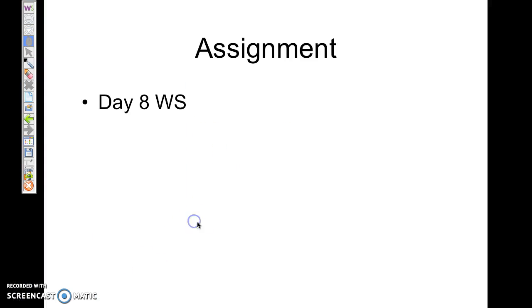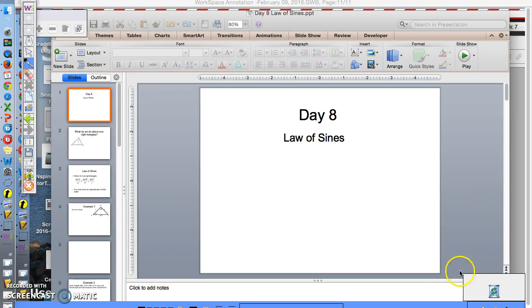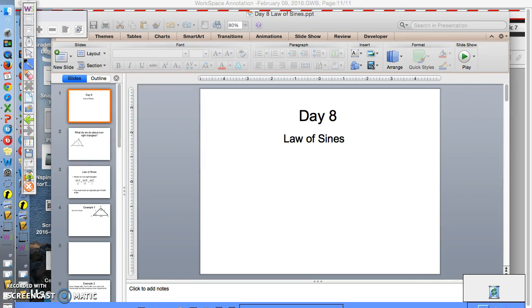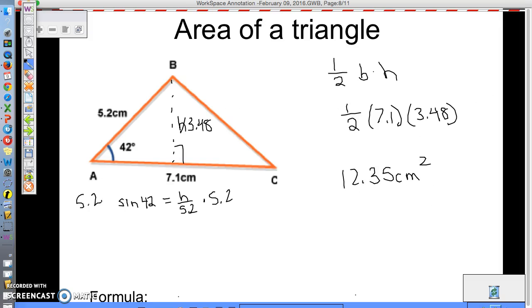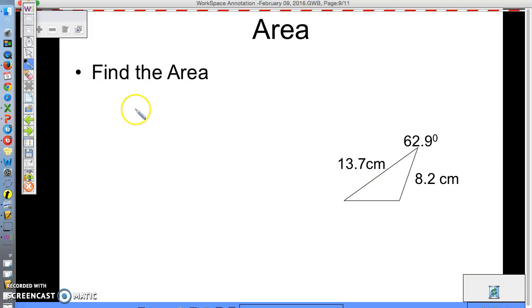So if we look at this one, we have our two sides and the angle included, so it's going to be 1/2 times 13.7 times 8.2 times the sine of 62.9.